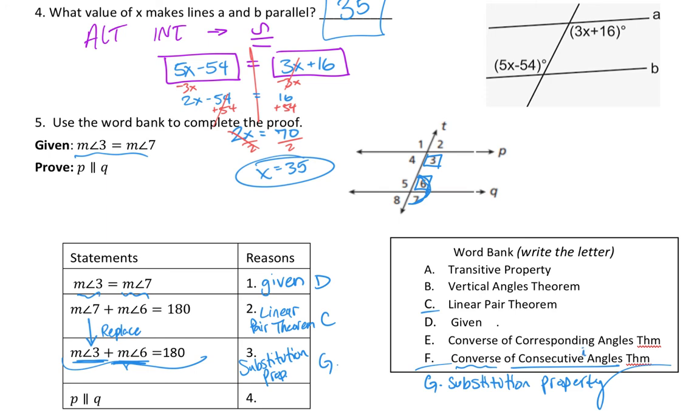I'm surprised it doesn't say interior somewhere in there. So the answer is going to be F, and that's a lot of words to write: it's the converse of the consecutive interior angle theorem. Lots of words. But the way I knew it is because 3 and 6 were consecutive interior angles.